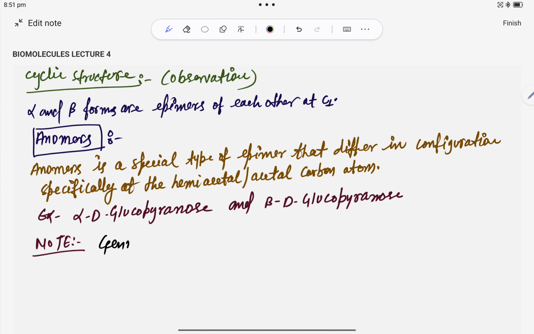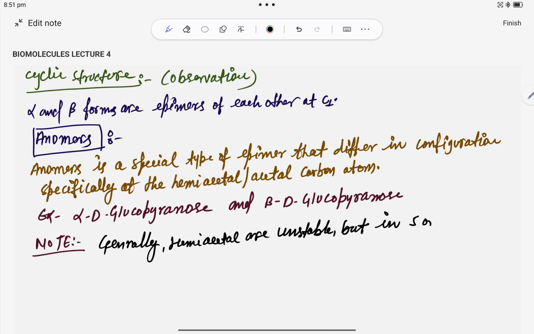Generally, hemiacetals are unstable, but in a 5 or 6 membered ring they become extremely stable.